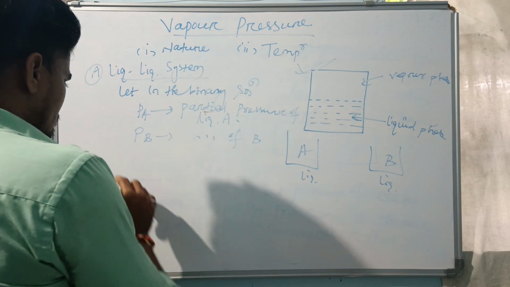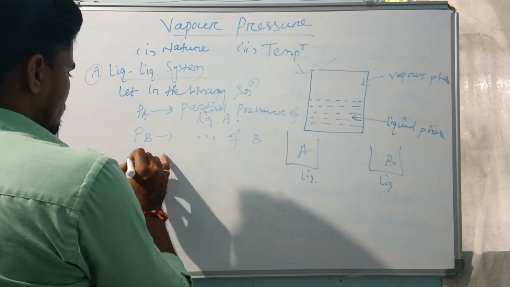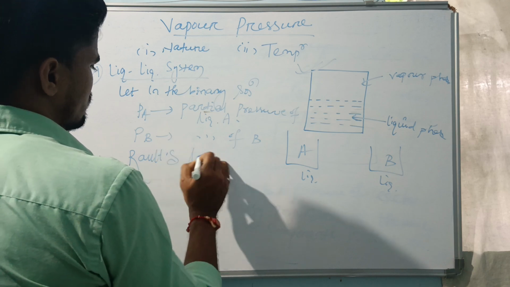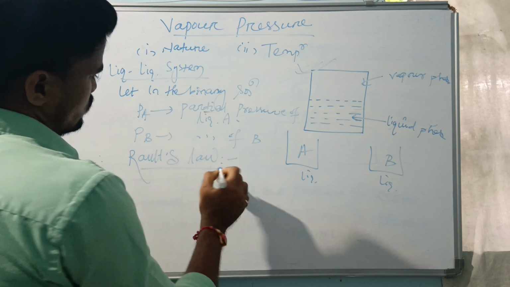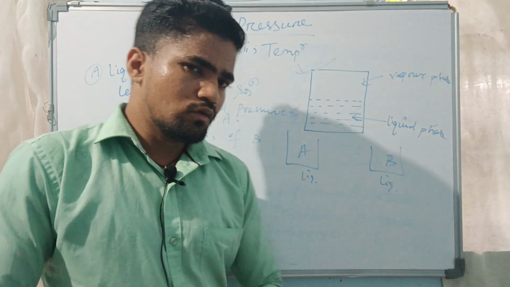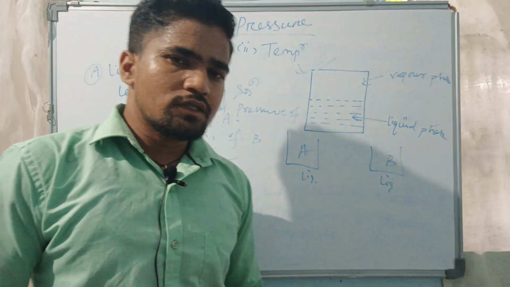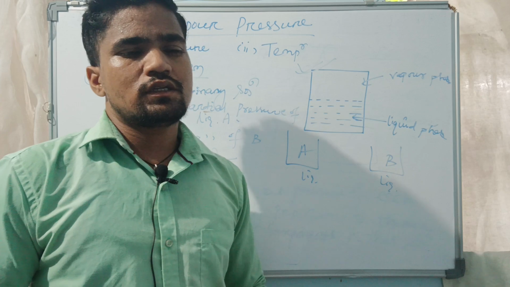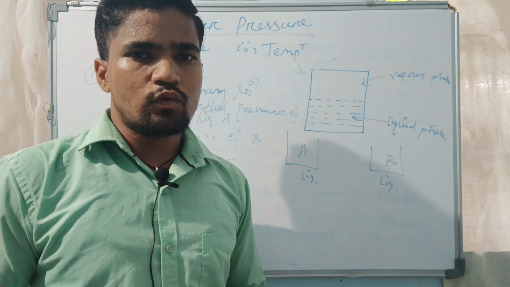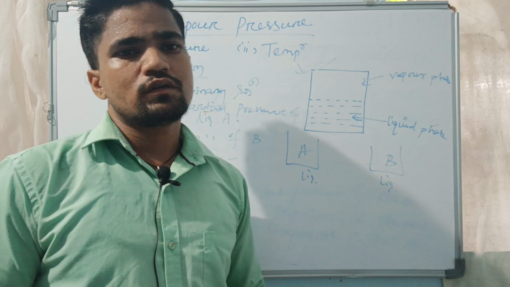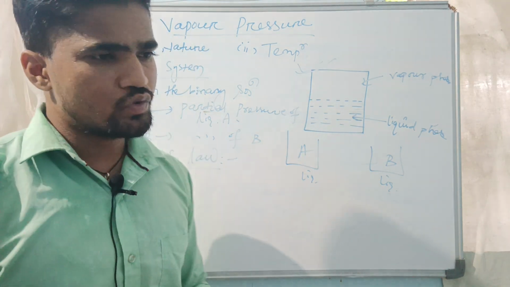Okay. Now Raoult's law. So what is Raoult's law? According to Raoult's law, the partial pressure of each component in a solution of volatile liquids is directly proportional to the mole fraction of that component in the solution, right?